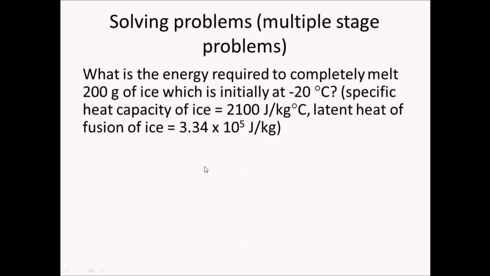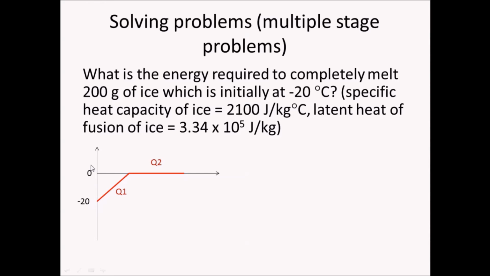Okay, have you solved? When you see this kind of question, one helpful thing that I would suggest you do is to draw the heating or cooling curve. The curve actually provides a lot of information so that you can make sure that you answer your question without making any mistake. The first thing is that the ice initially is at minus 20 degrees and it will heat up to 0 degrees.